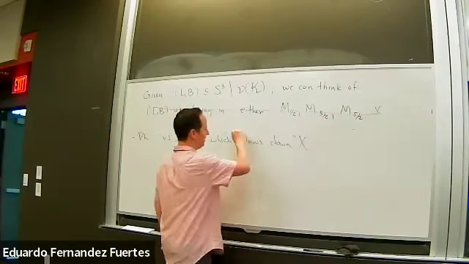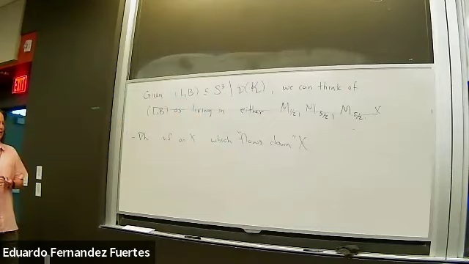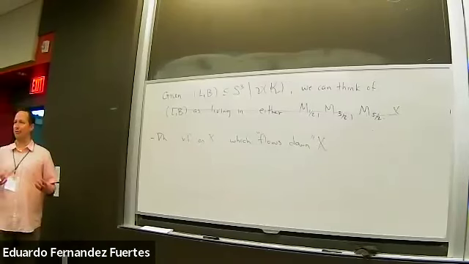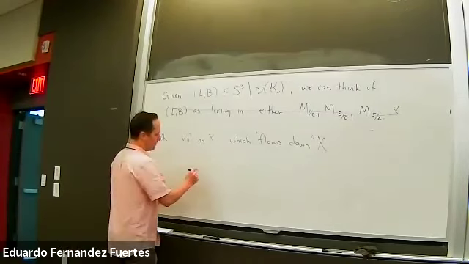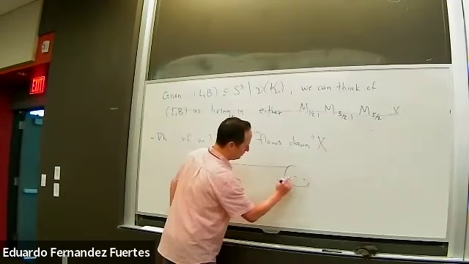Okay. In the notes, there's a little bit more detail written down here. But for every critical point, you have what are called the ascending and descending manifold of a critical point. So I'll just draw what this looks like for a 1 handle.